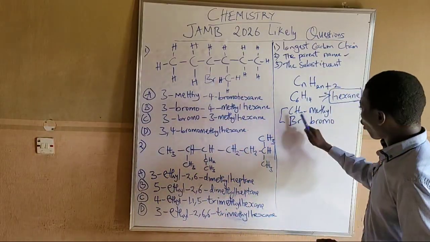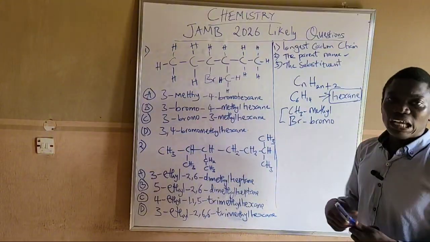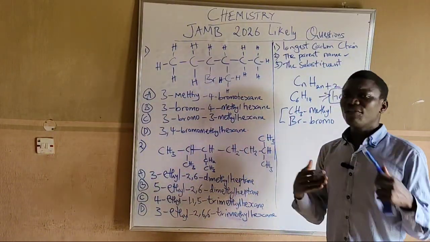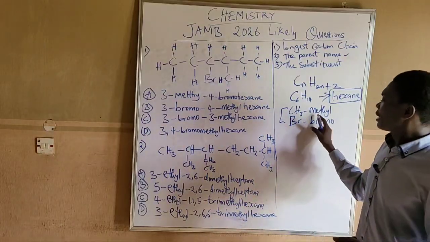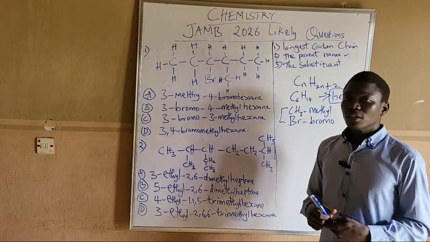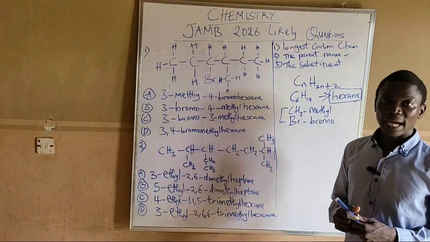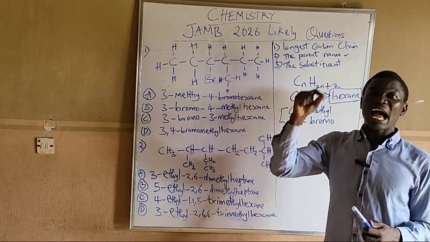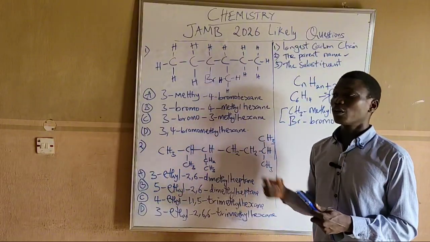If you check bromine and methyl, bromine starts with B. If you follow alphabetical order, you will easily get to B before methyl. So B comes first before methyl. So the one with the highest priority is bromine, because bromine comes first.